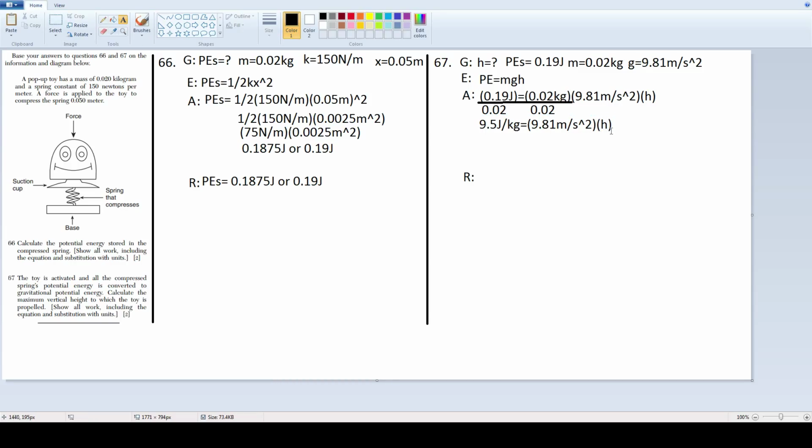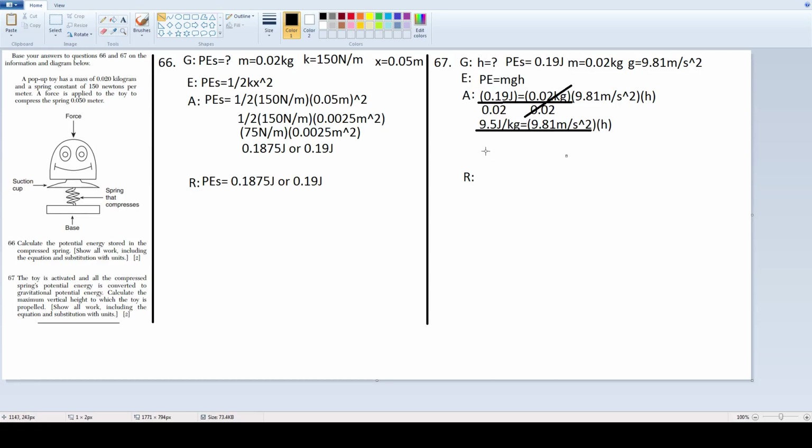And from here on, all that's really left is to divide both sides by 9.81 to move the 9.81 to the other side. 9.81 meters per second squared will cancel out on the right side. We actually put a line right there to show that it's canceled. And it will bring it to this side. Well, divide 9.5 by 9.81.